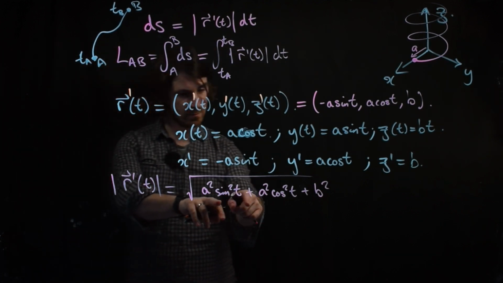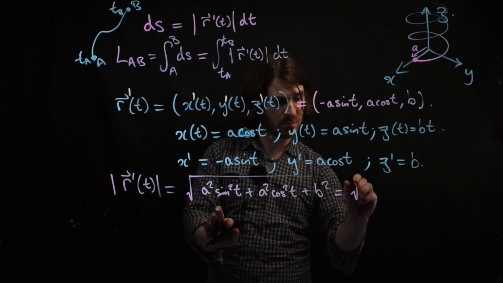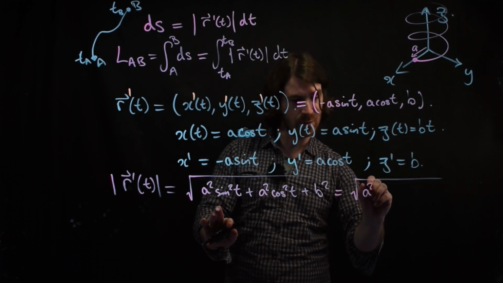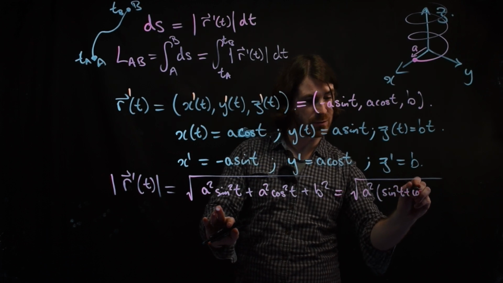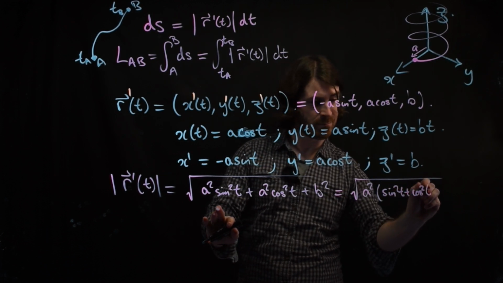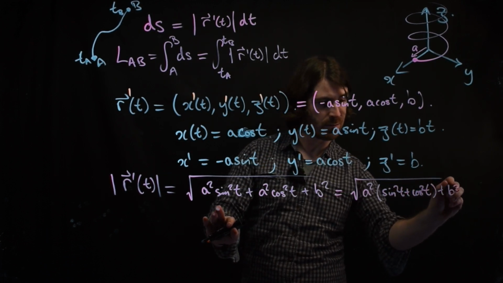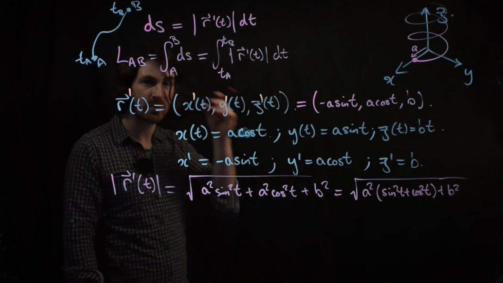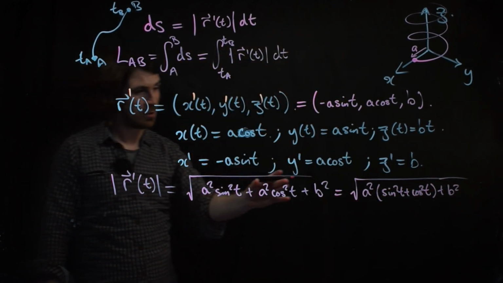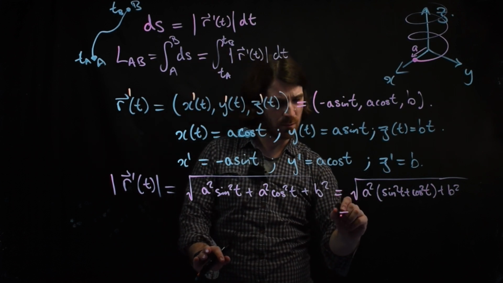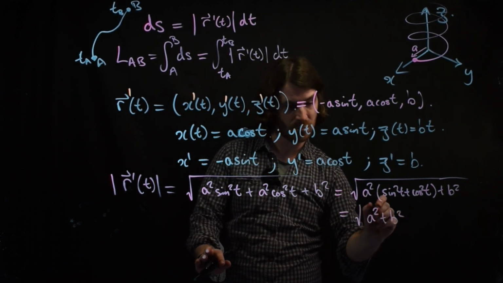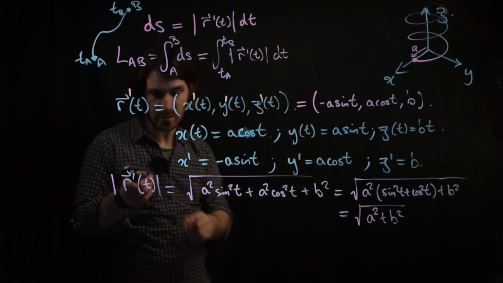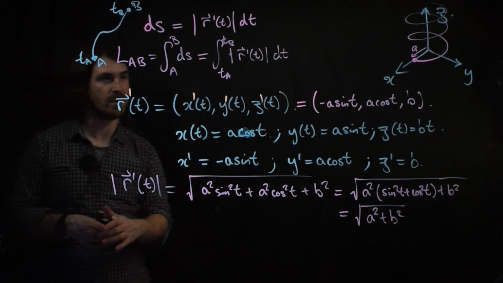You can simplify this by bringing out an a squared: sine squared t plus cosine squared t, plus b squared. And what's sine squared plus cosine squared? It's just 1. So this is root a squared plus b squared, and that's the magnitude of r prime of t.